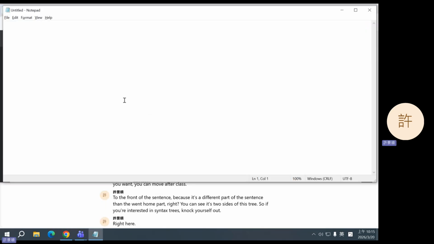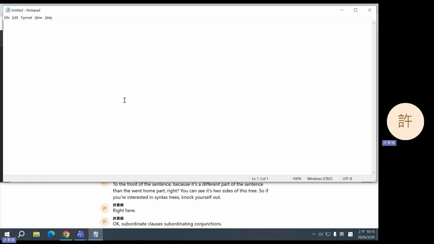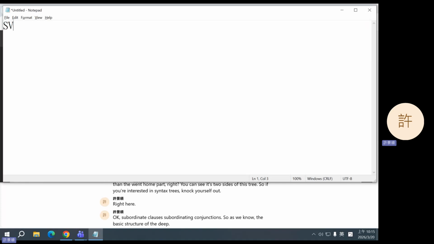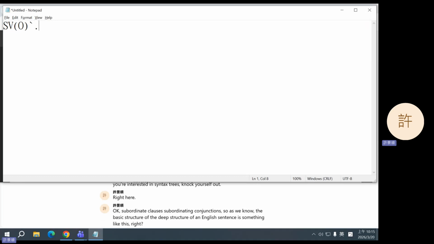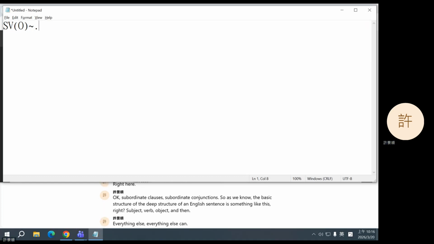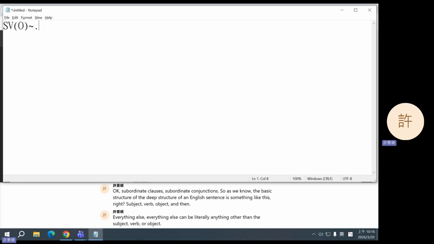Okay, subordinate clauses, subordinating conjunctions. So as we know, the deep structure of an English sentence is something like this, right? Subject, verb, object, and then everything else. The everything else can be literally anything other than the subject, verb, or object.